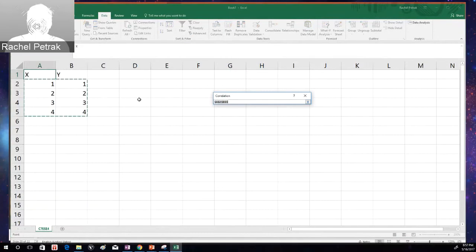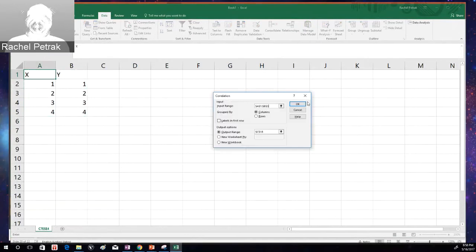So that's the input range, and I'm going to select both the variables, and I'm selecting the top row, which has the variable labels in it. Why? Because you'll want variables labeled in later analyses, and it's a good practice to get in the habit of. So we selected our whole area with all the data.